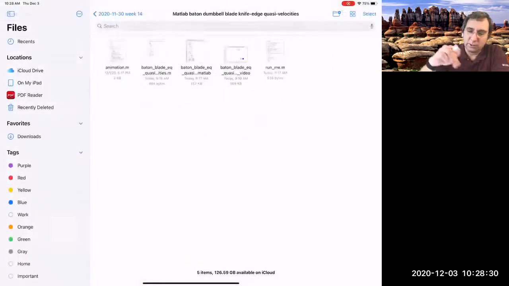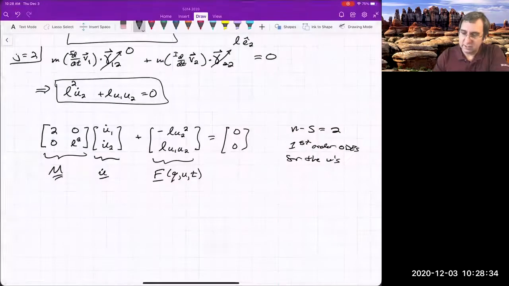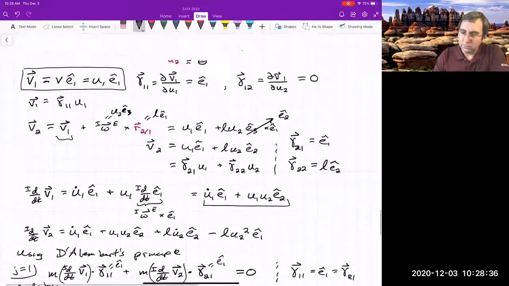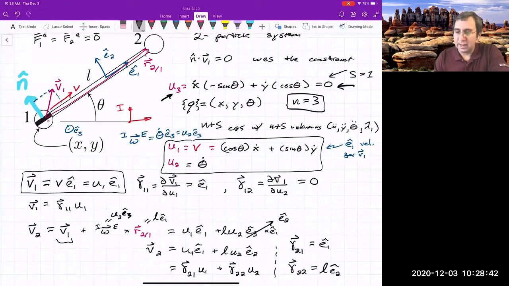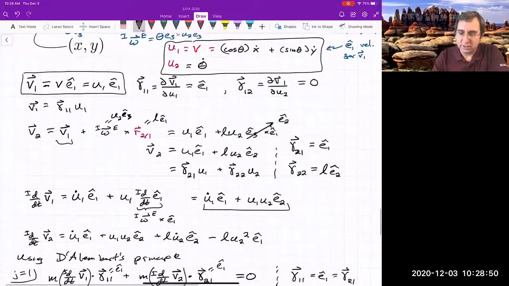You're like, well, hold on, you just solved for the u's. How do you get the x's? Well, from up here, you're able to invert these to get x and y and theta as a function of u1 and u2. It just adds some additional first order ODEs.